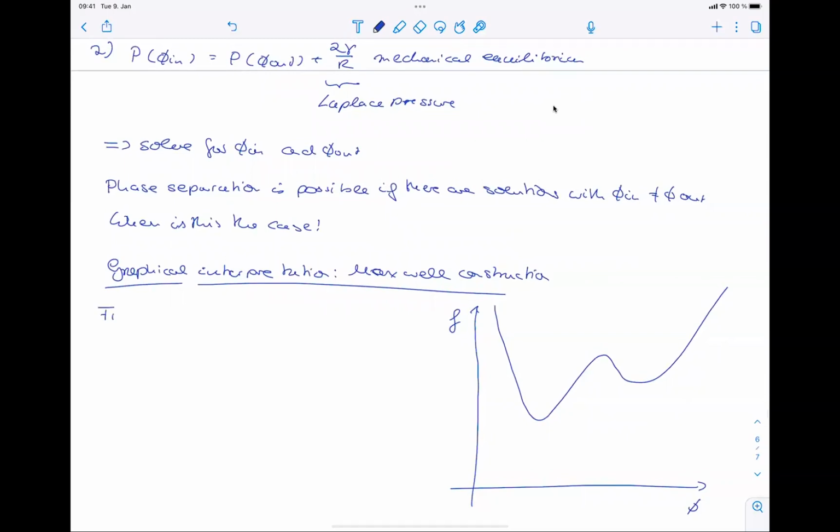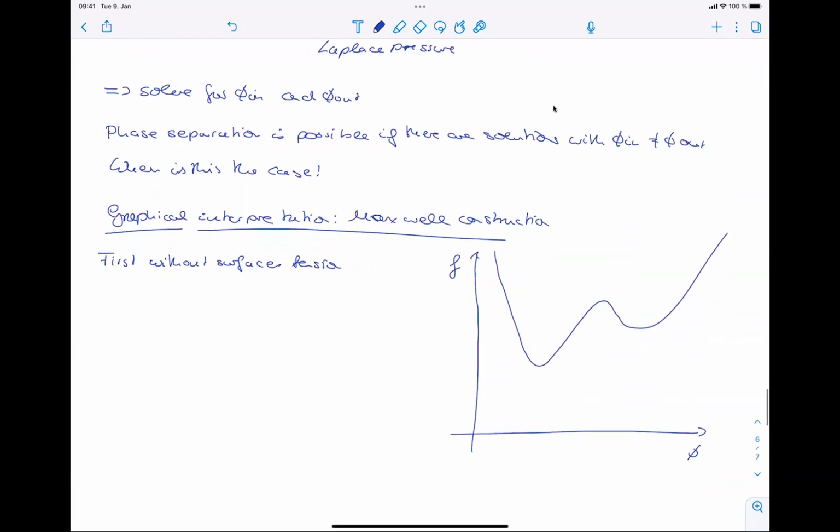And so we look at this first without the surface tension term, the Laplace pressure. So we said that the derivative at phi in has to be equal to the derivative at phi out.